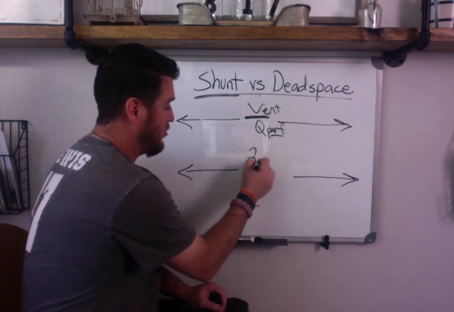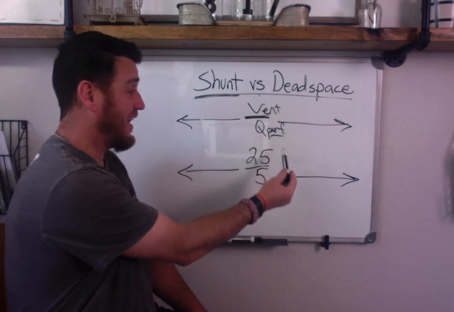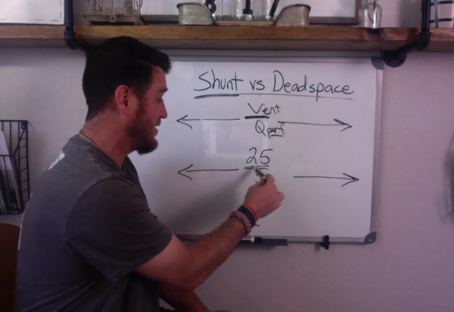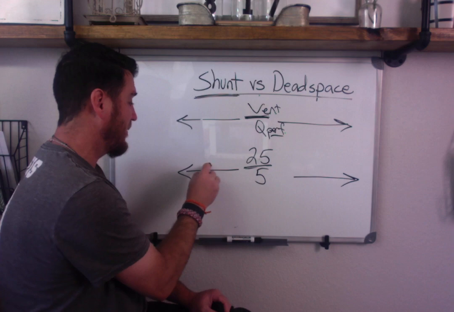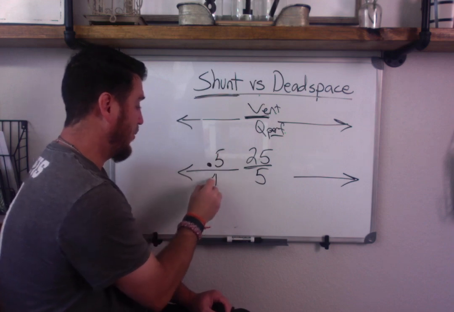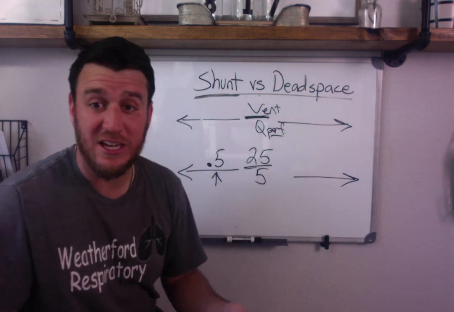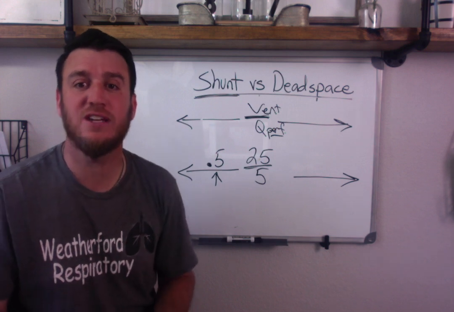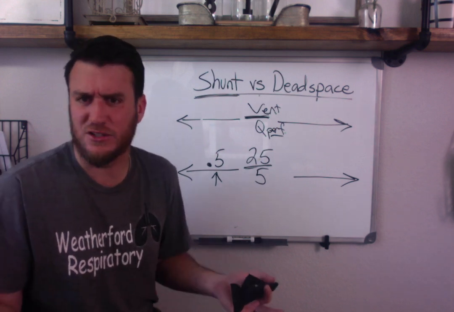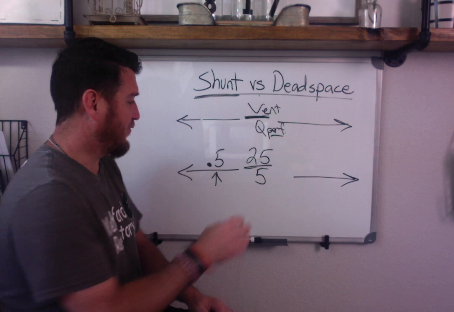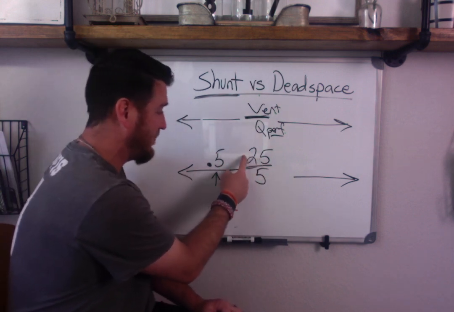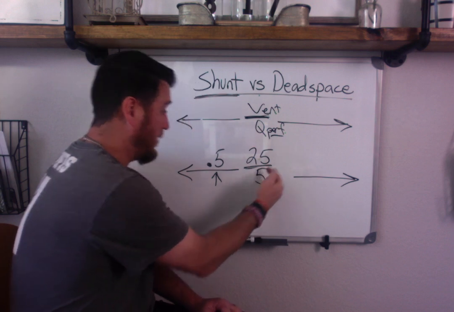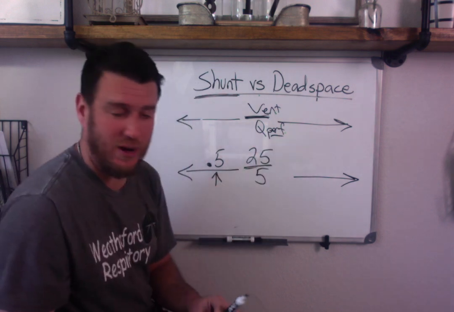We're just going to say 2.5. So your ventilation in those affected areas is 2.5. Your cardiac output is 5. This takes your VQ ratio to 0.5, which is a decreased VQ ratio. That makes sense, right? So if perfusion exceeds ventilation, when we do the math, we see that it decreases the VQ ratio.